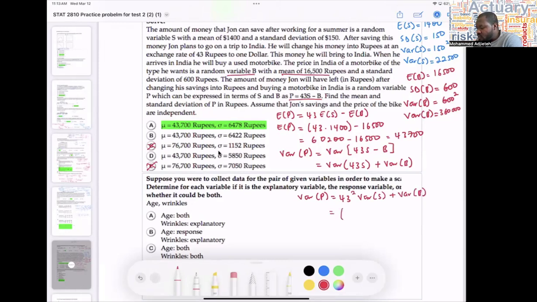So we just need to multiply. What is 43 squared? You can do that on your calculator. 43 squared is 1849. 1849 times var of S, you see, that's why I took the time to do that, 22,500, plus var of B, 360,000.